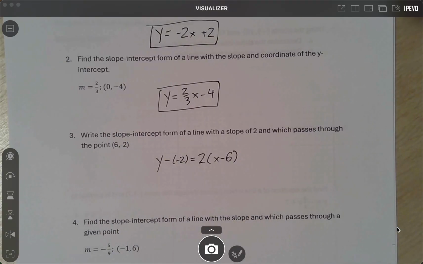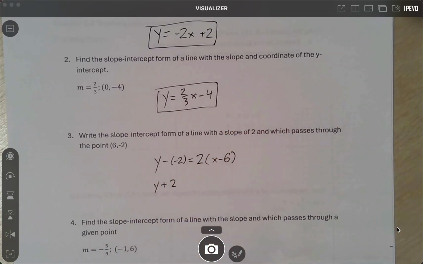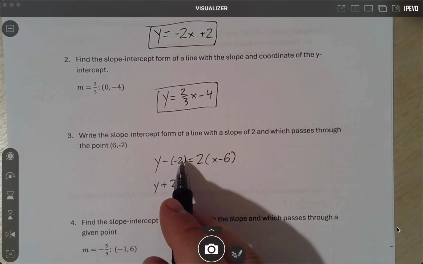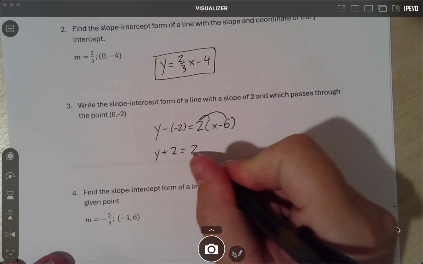Now, again, what slope-intercept form really just means is that y is by itself on the left, and that all your parentheses have been dealt with, or you've distributed everything and gotten everything over to the other side. So let's see what that looks like. In this next step, all I'm going to do is deal with the double negating. Right, so minus negative is positive, and I'm going to deal with the distributing because I don't see parentheses in this formula up here, so I can do the distributive property right now.